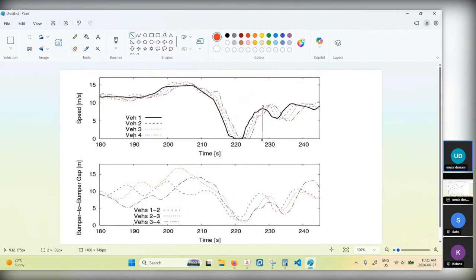And then the first follower is vehicle number 2. So here we have this as the time. This is about 230 seconds, and this one is probably 228 seconds. So this seems to be like 1.5 to 2 seconds of lag. Now, the third one is here.